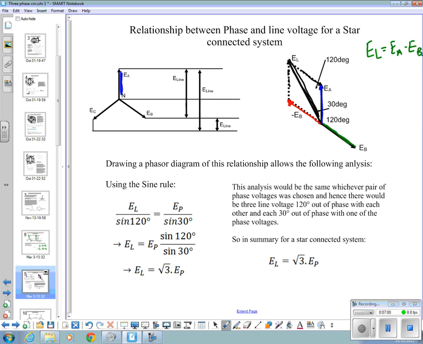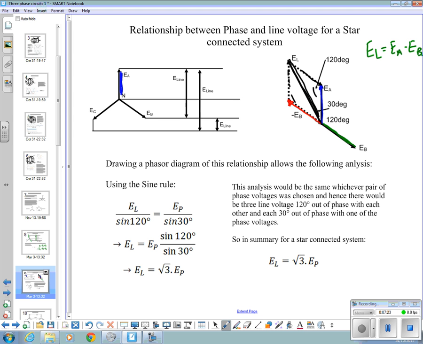Yeah? So the angle between those two is 30 degrees. It has to be, okay, because this is a parallelogram, and if this is 120 degrees in there, that must be 120 degrees there, and the four angles must all add up to 360.